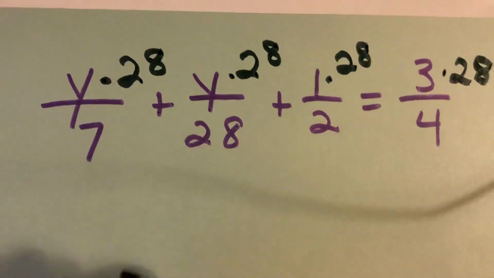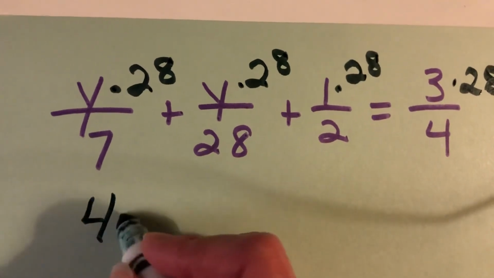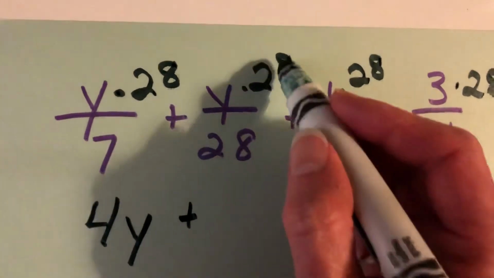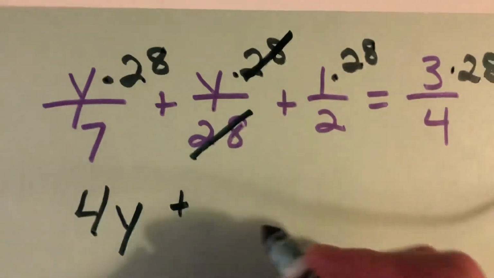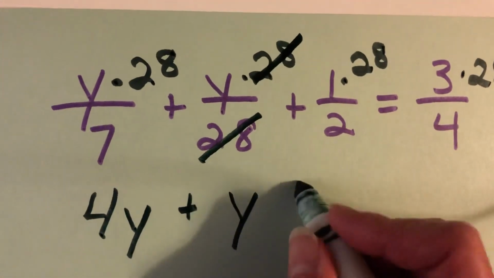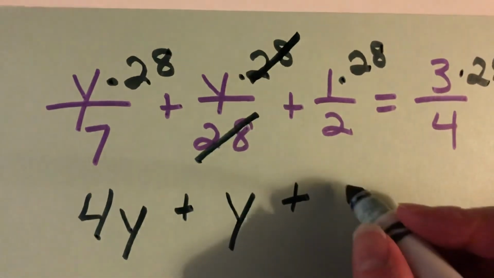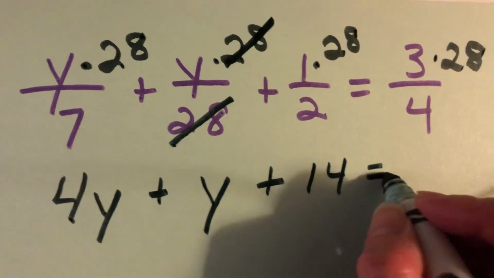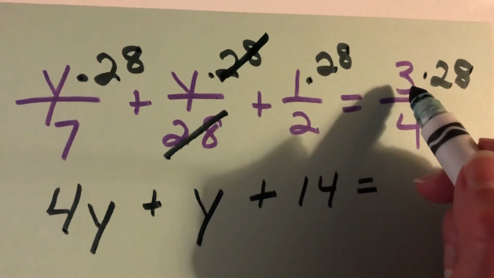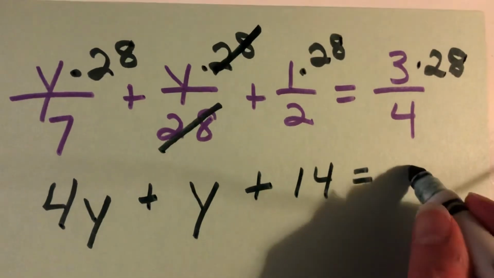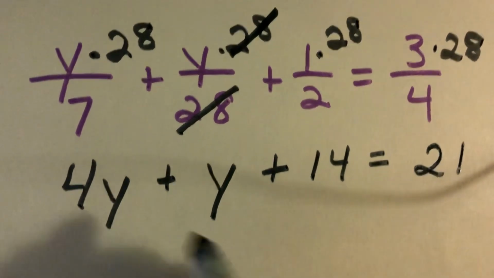So 28 divided by 7, that's 4y. Then this cancels this, and that's just y. Then 28 divided by 2 is 14. 28 times 3 divided by 4 is 21.